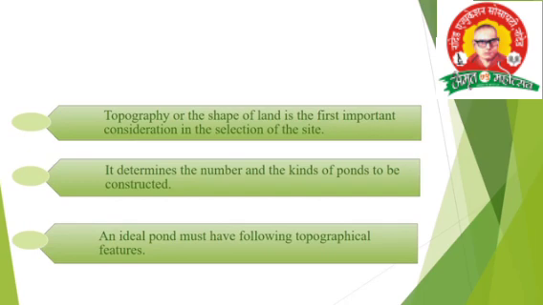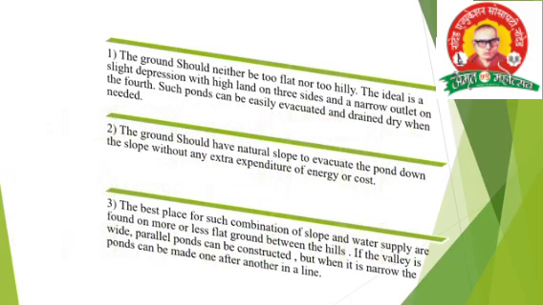The ideal pond must have the following topographical features. The location for a fish farm is land that is flat or slightly sloped. All are the points for the ideal pond. The ground should be neither too flat nor too hilly.